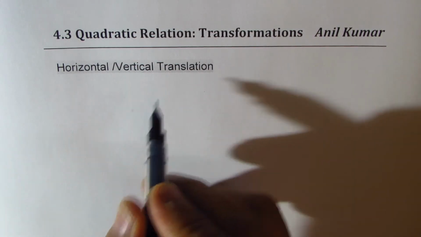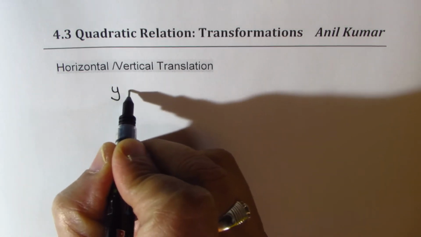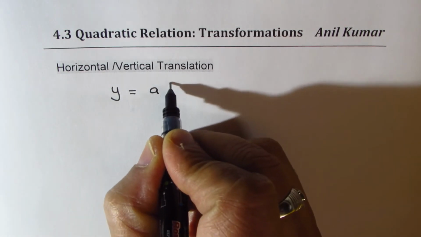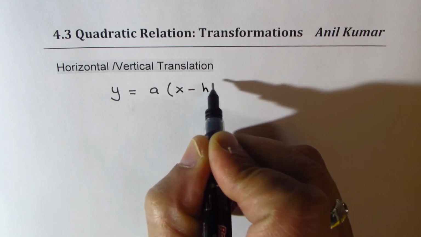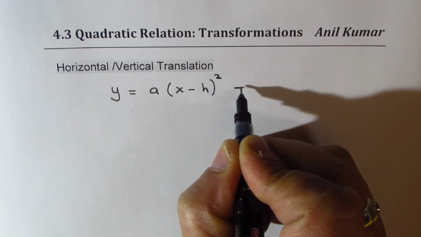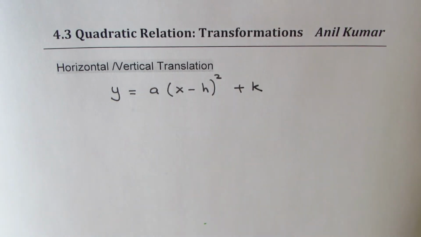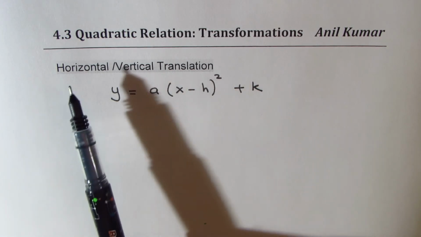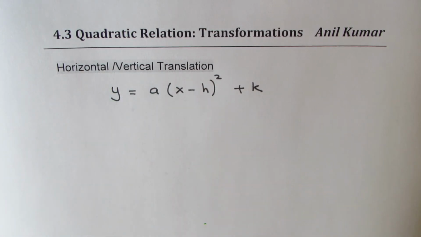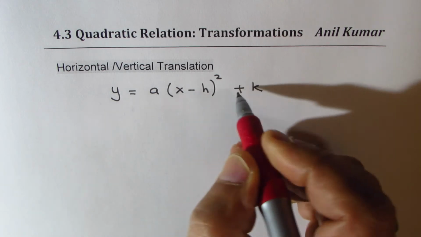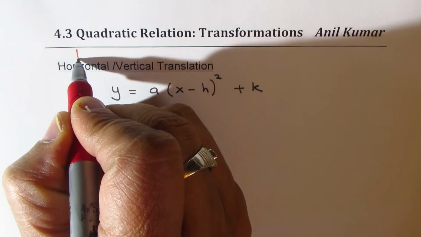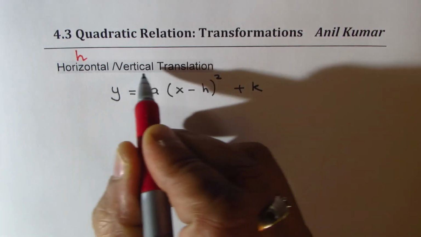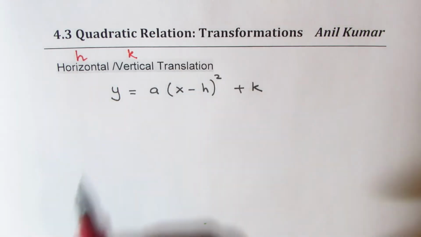In this case, let's get back to our basic equation, which was y equals a times (x minus h) whole squared plus k. Now the components which lead to horizontal and vertical translations are h and k, right? So for horizontal it is h, and for vertical it is k.